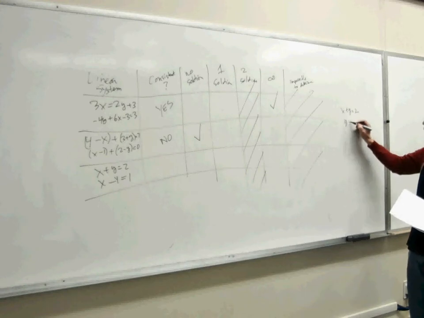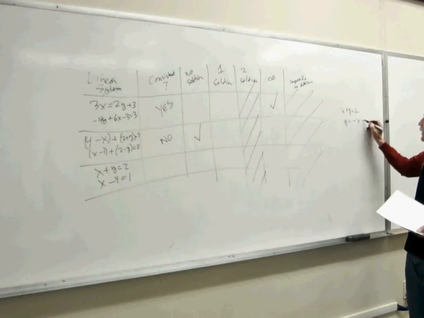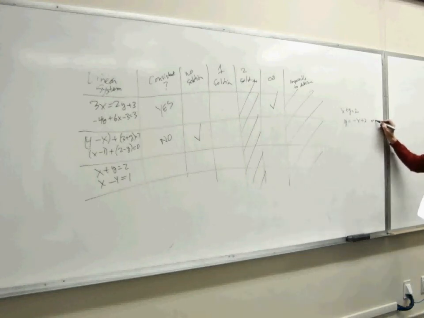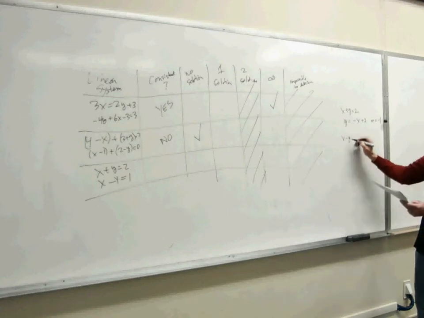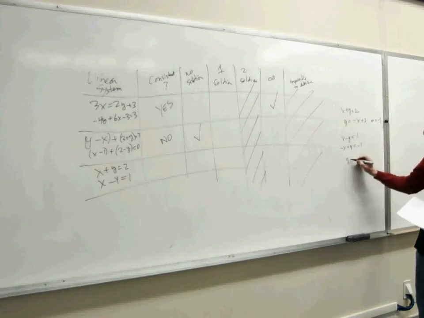So that would be y equals minus x plus 2. So the slope of this is minus 1. That's good to know, because the next equation is x minus y equals 1. So minus x plus y is equal to minus 1, so y is equal to x minus 1.